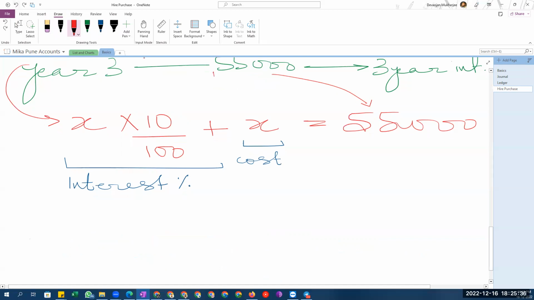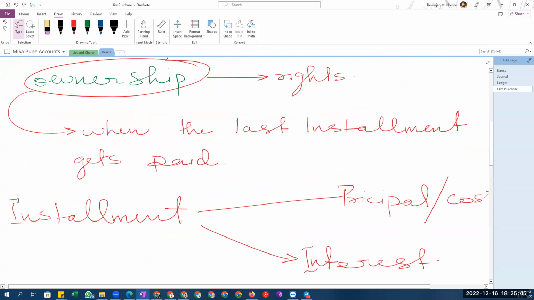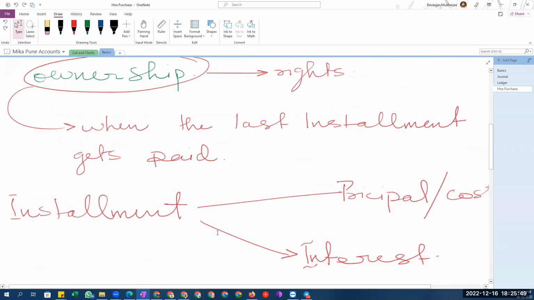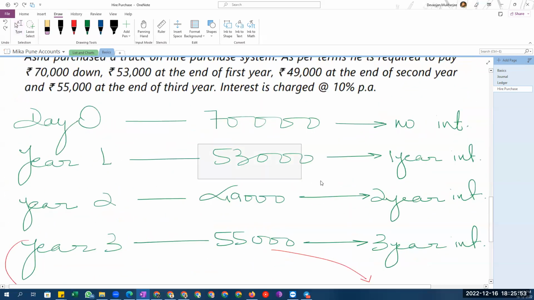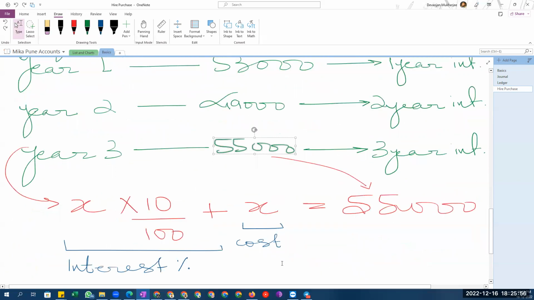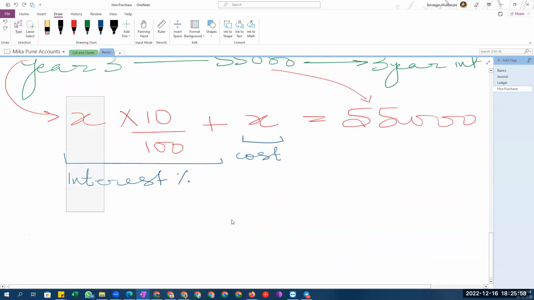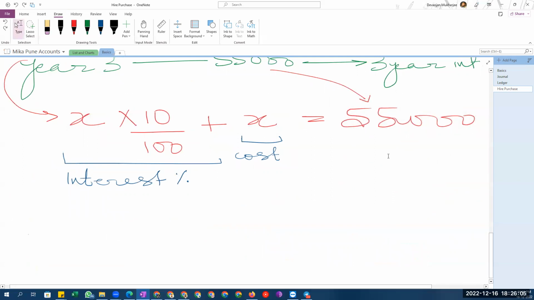Now this 55,000 is my installment, meaning in this 55,000, I have some interest and cost included in it. I just told you, right, that the installment has some cost and some interest included in it. So in all of these, there is a cost element and an interest element. In this 55,000 also, there is a cost element and an interest element.